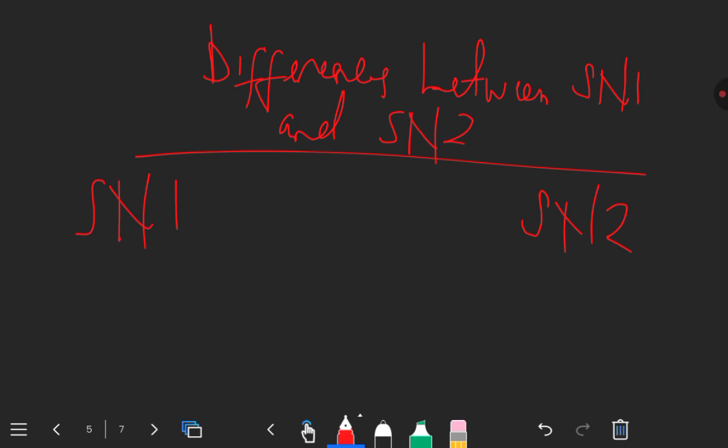So one thing about SN1 is that it is unimolecular. Then SN2, because we are saying it is a second order nucleophilic substitution, is bimolecular.